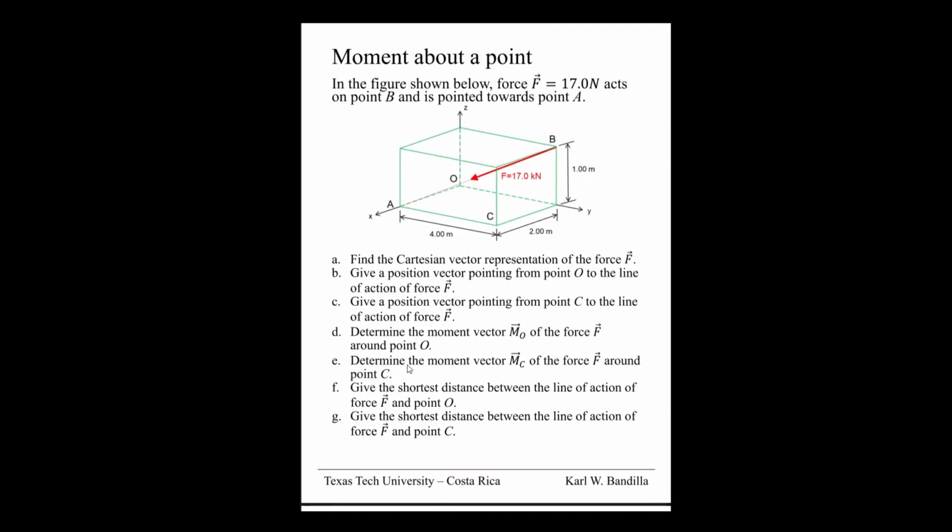So I would suggest we choose our A. So that is then equal to 2 meters in the x, so 2i plus 0j plus 0k meters.